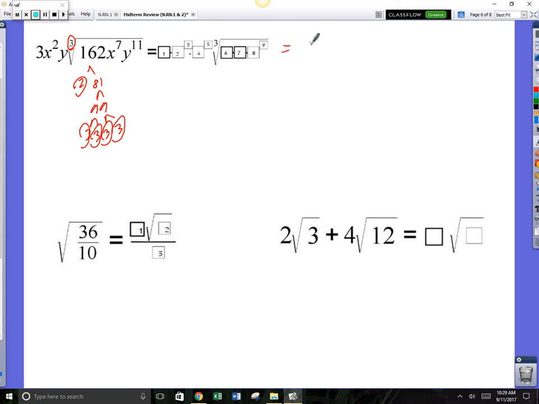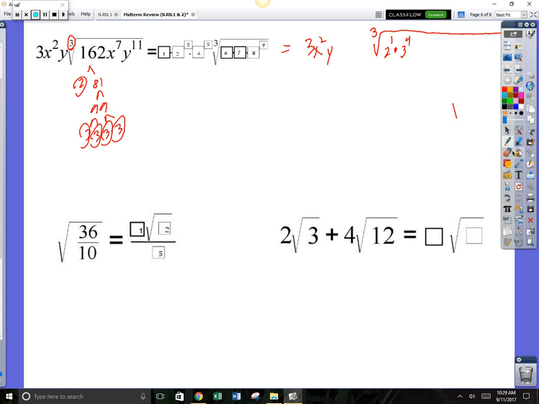Alright, so I am going to copy and paste 3x squared y. I'm going to leave some space because I'm going to bring some stuff out. And instead of 162, I just got 2 to the 1. But the 3's, I have 3 to the 4th. And I know the index is 3. I know it's a cube root, so I'm undoing cubes.